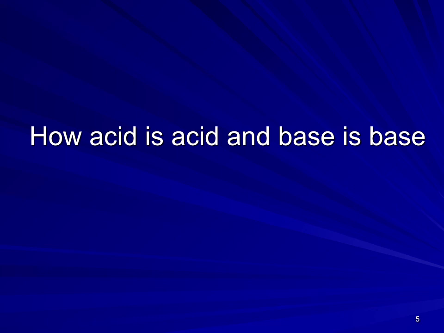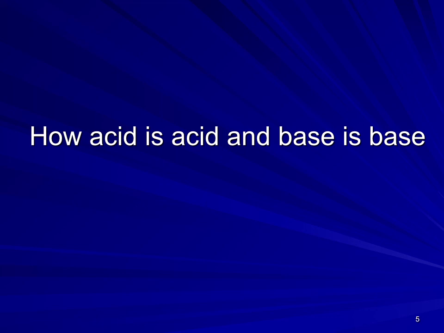In metabolic acidosis or metabolic alkalosis, the compensating organs are the lungs. Okay, so just remember this. Kidneys and lungs compensate for each other when one of them is not working properly to maintain the pH of the blood. So this is the little overview I wanted to give you about acid base imbalance, and how the pH plays its role and how the kidneys and lungs compensate for each other.